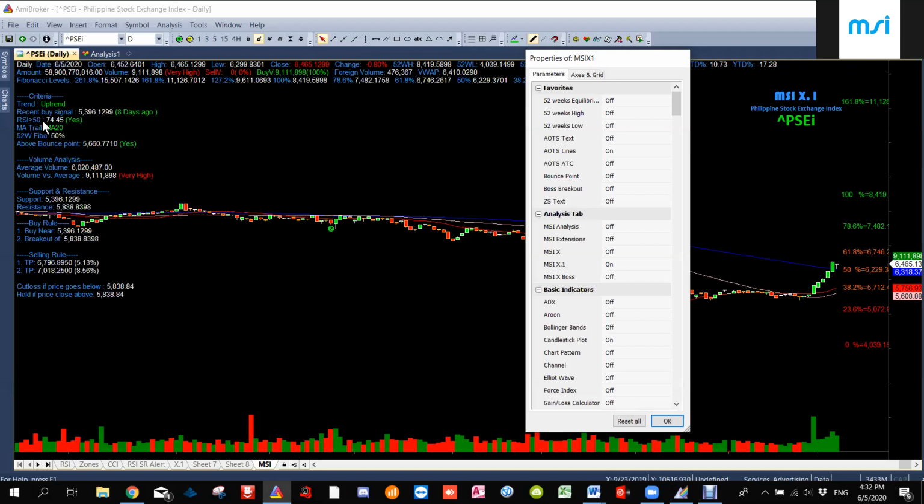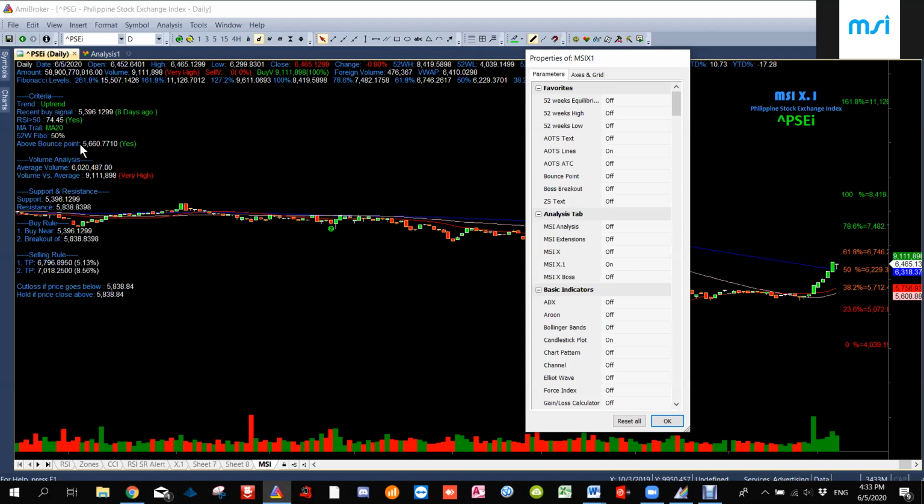If RSI is greater than 50 kasi may momentum. So yung MA trail ko dito is MA20 lang, kasi gusto ko mabilisan lang. And yung Fibonacci mo should be at least above 50%, kasi anything below 50%, you can assume na those are in the bearish zone.